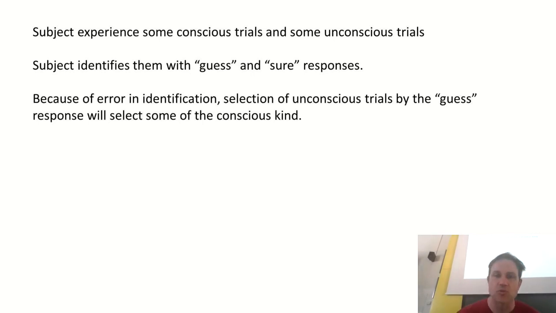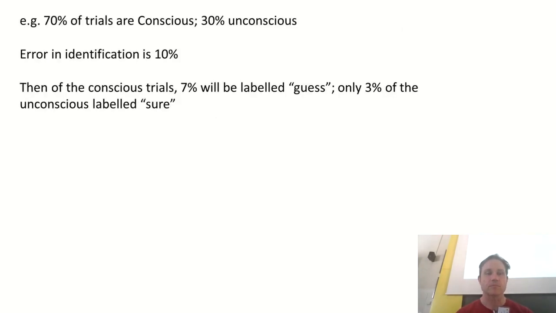So sometimes when the subject is genuinely feeling that they're guessing, they'll say they have a bit of confidence. And sometimes when they have a little bit of confidence, they say they're guessing. That's the error in measurement. I mean, how do we know whether that happens or not?